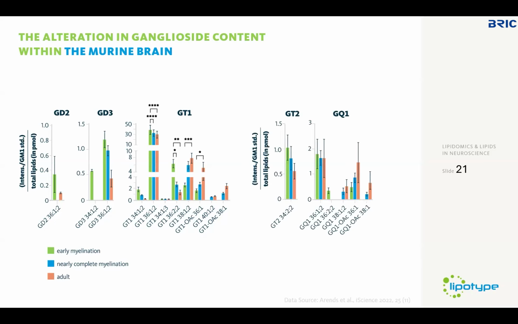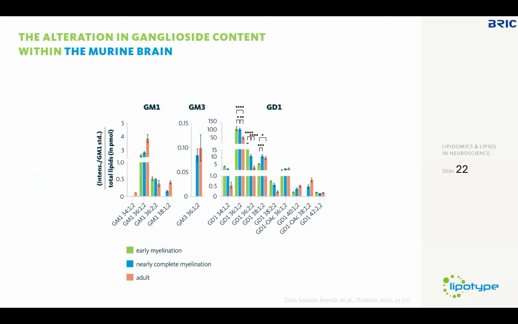Here in this case, we see it, and lower amounts are found for GM1, and basically we were able to see these ganglioside content changes throughout the developmental stages.